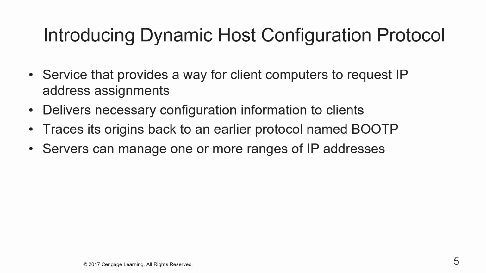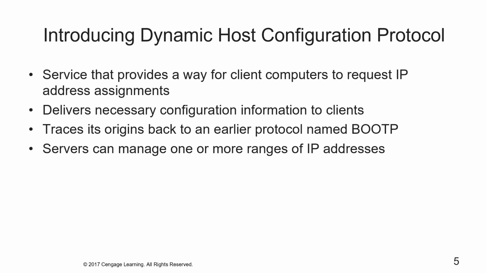DHCP also makes it possible to administer client IP address assignments and configuration data from a single centralized server instead of administrators having to go from host to host to manually configure an IP address.